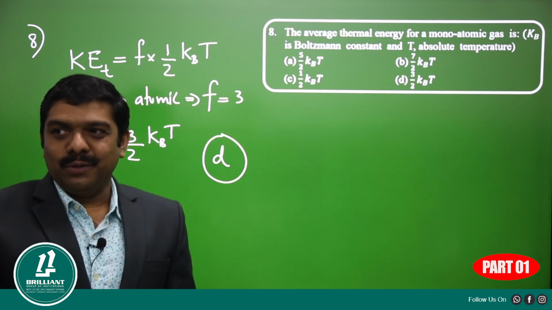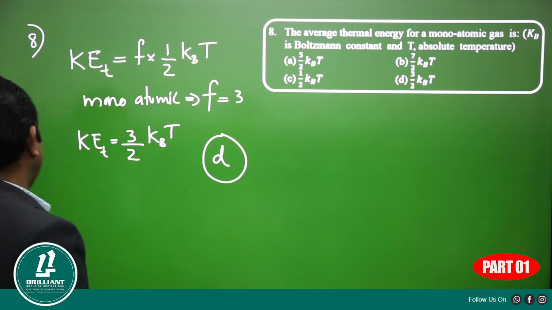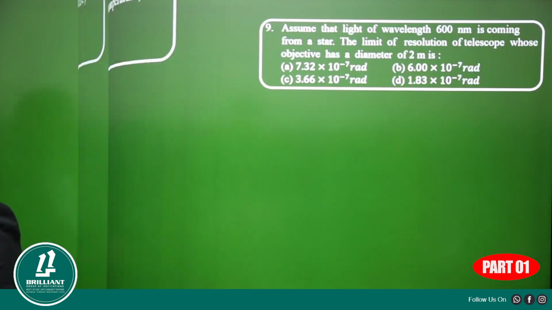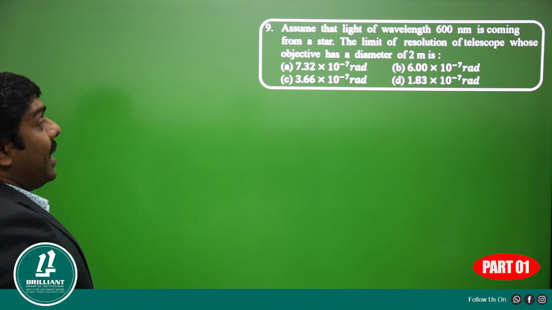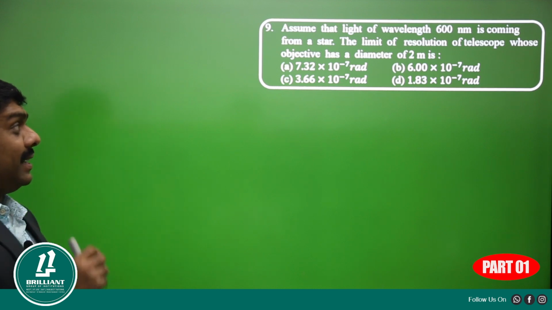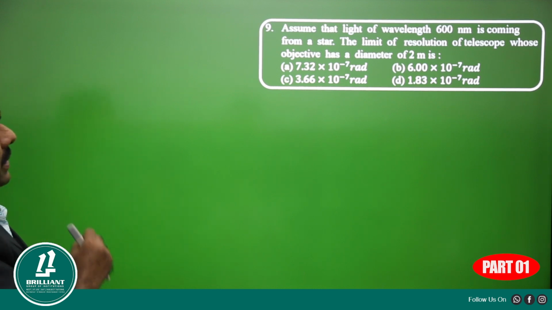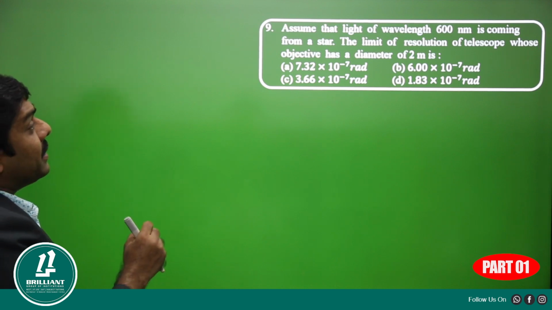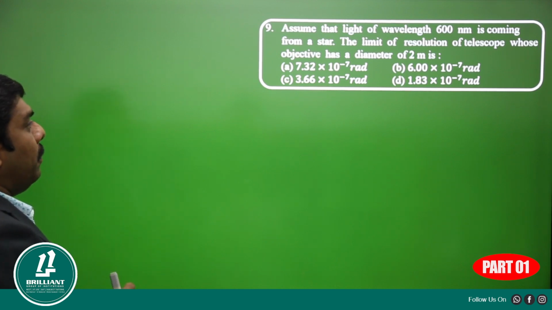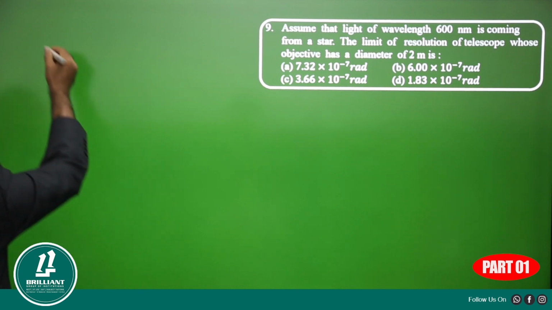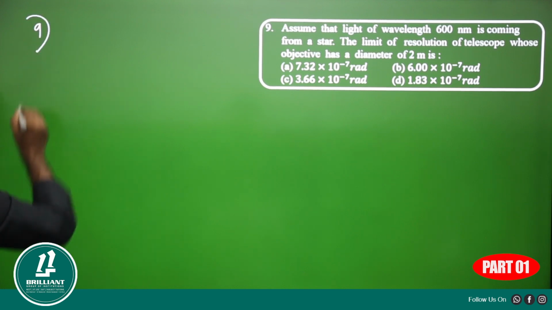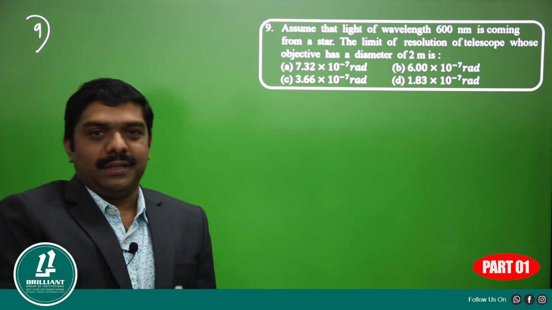Now we are going to do the next question. See, that is question 9. Assume that light of wavelength 600 nanometer is coming from a star. The limit of resolution of a telescope whose objective has a diameter of 2 meter is. See, what is limit of resolution?